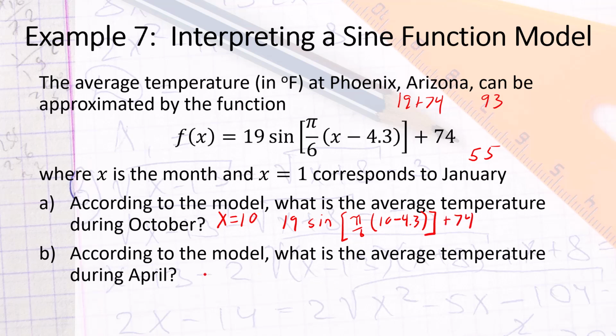And then for April, that is when x is equal to 4. That's going to be 19 times the sine of pi over 6 times 4 minus 4.3, plus 74.